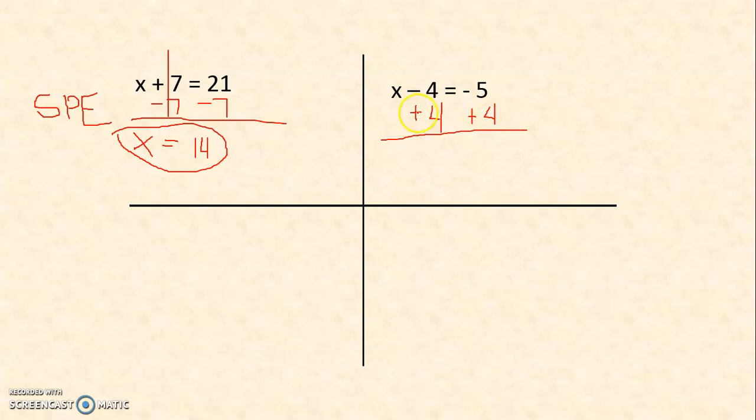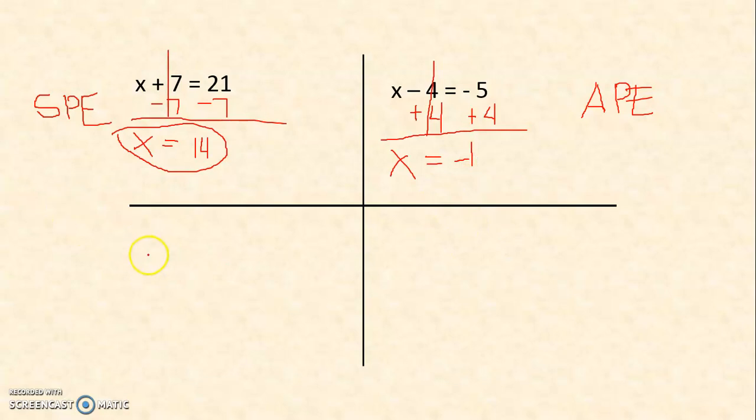You may not write positive, but it would be better to write positive to indicate that it is plus 4 because you might get confused. This one illustrates the addition property of equality. So we now have x, negative 4 plus 4, that will be 0, is equal to negative 5 plus 4, that is equal to negative 1.